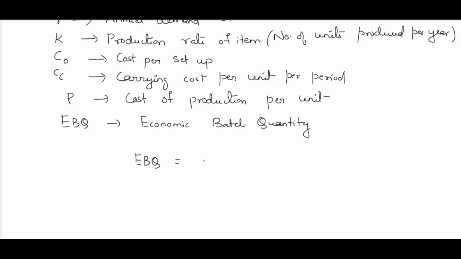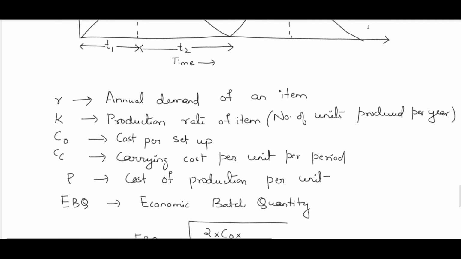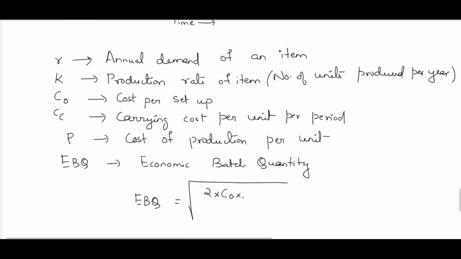EBQ is equal to the square root of twice C0 into demand, which here is small r, divided by CC, where CC is your carrying cost, multiplied by 1 minus R by K. If you go through the derivation, you will get this formula for EBQ.